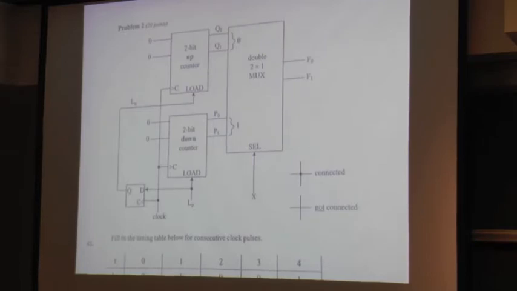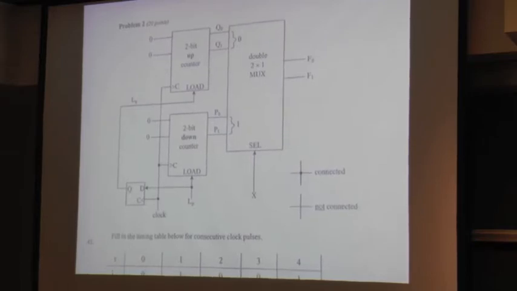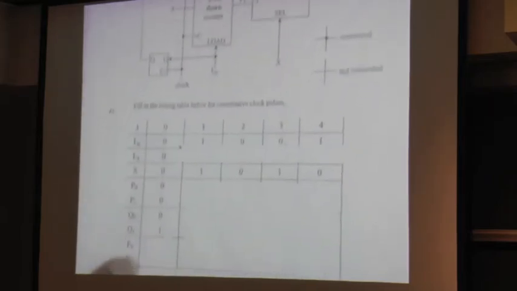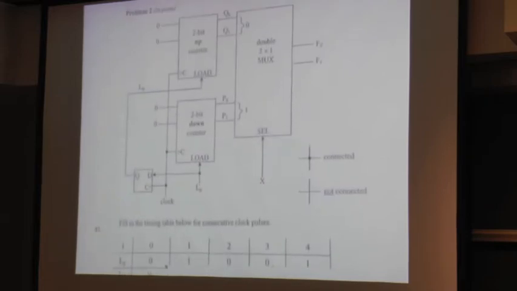So, okay, this is another question where you're asked to fill in the timing diagram for consecutive clock pulses. Right, it looks like that. What components do we have here? We have an up counter and a down counter, and we have a mux.